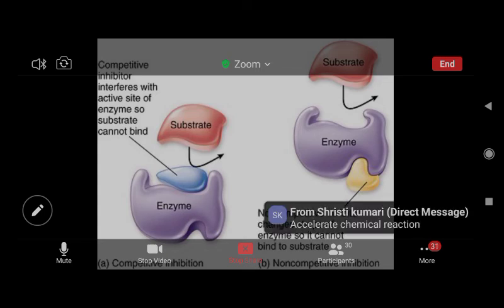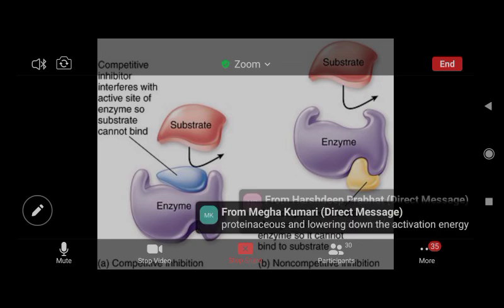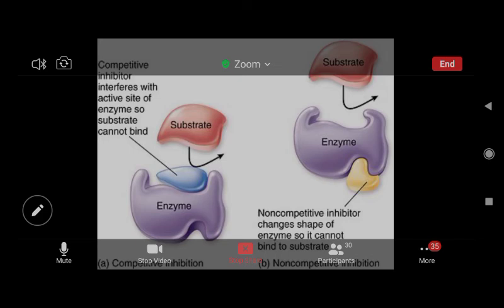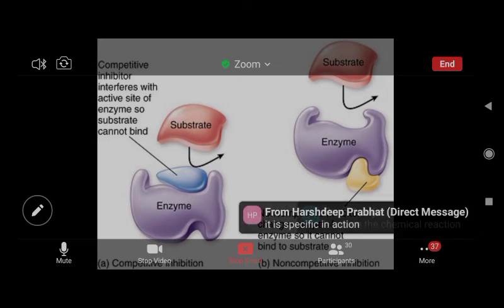Accelerate the chemical reaction, and one very important property, yes, catalyst, through which this answer will come: that enzymes are specific to the substrate. In the properties we have studied that the enzymes are highly specific. Yes, very good, Harshdeep. Highly specific in action.